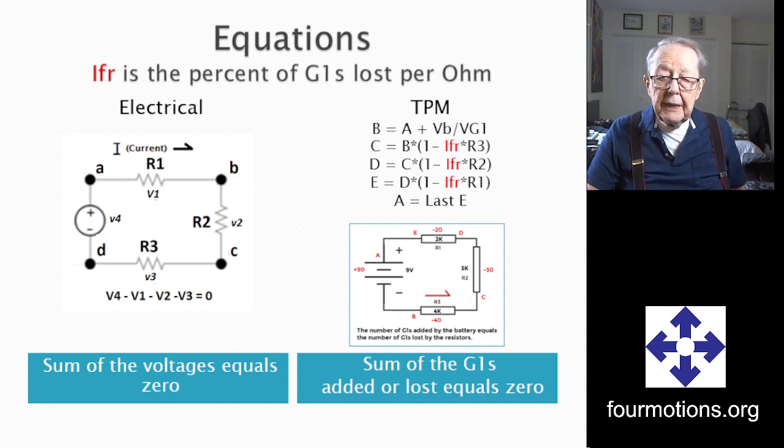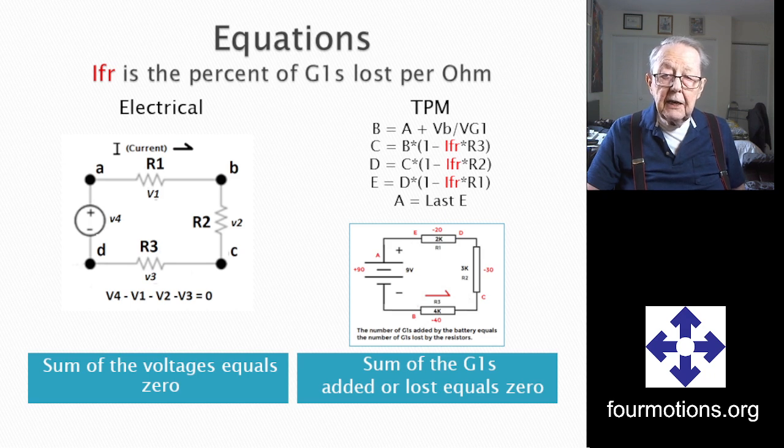For example, B, which is the output of the battery, is equal to the input plus the added number of G1s by the battery. VB over VG1 will tell you how many G1s the battery adds. So you start with A as 0, then you get what the battery adds.